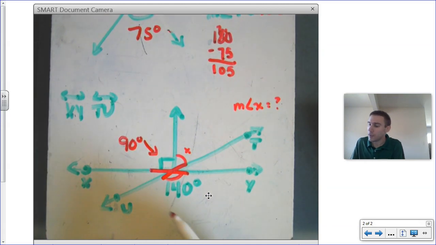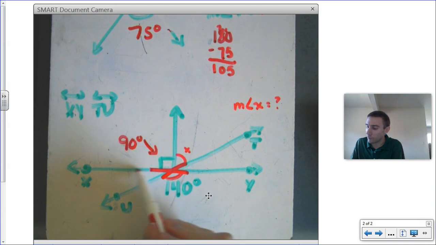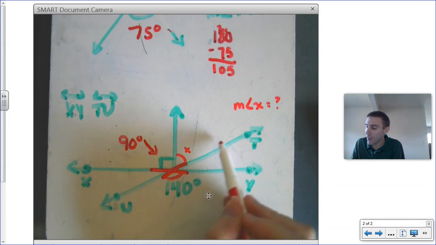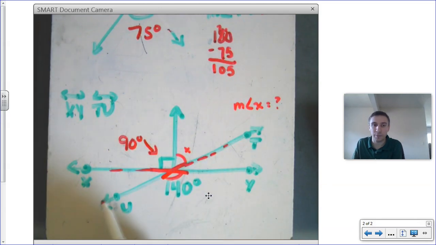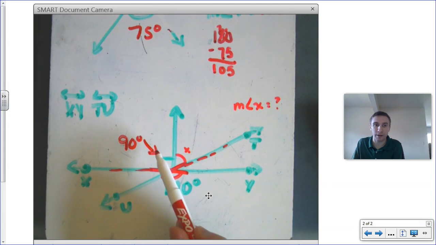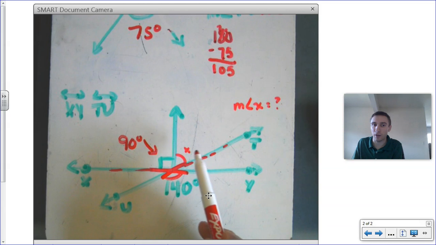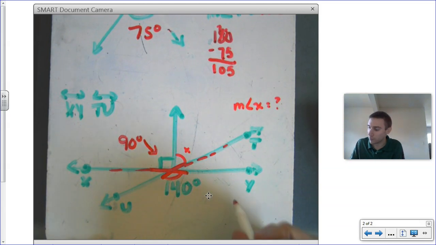Now, if this angle is vertical to this angle, it's congruent as well, then this entire angle up here that I'm doing in dotted lines has to be equal to 140 degrees. Well, if part of it is 90 degrees, angle X is the missing part. So what's left over?